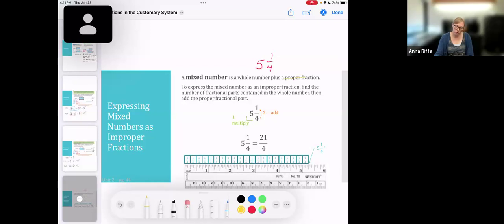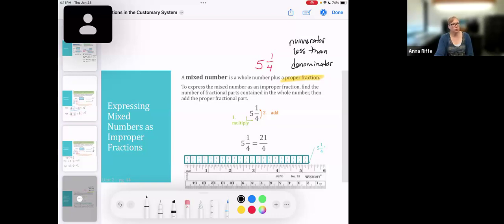A proper fraction: the numerator is less than the denominator, or the top is smaller than the bottom.